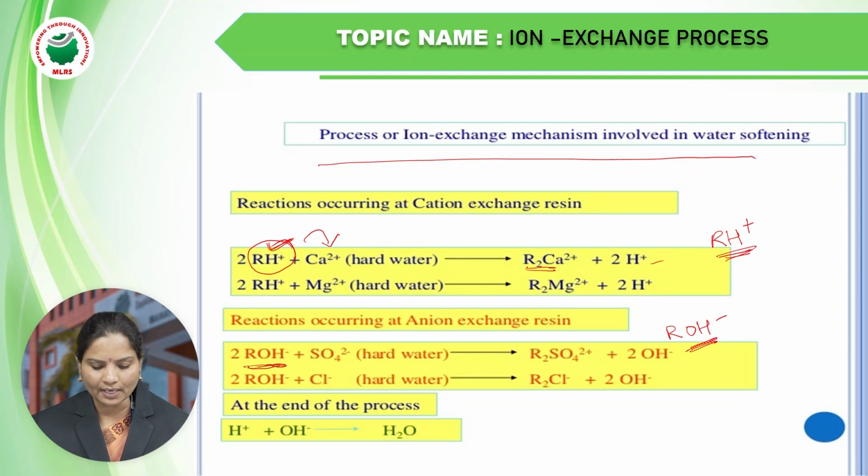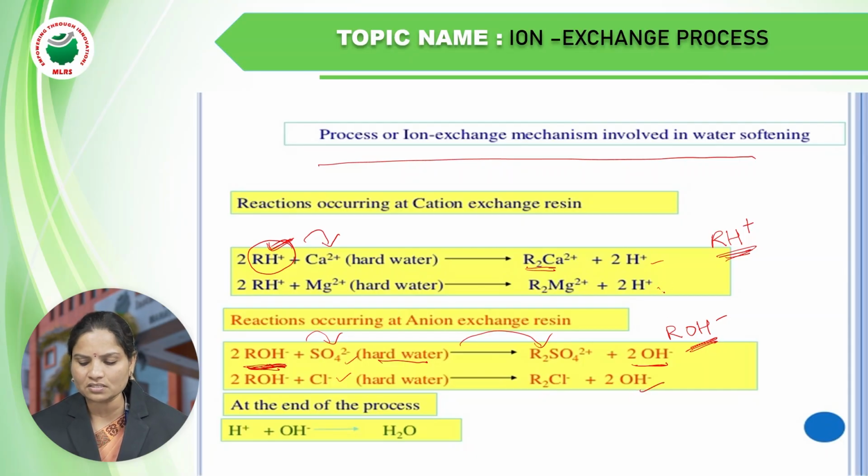This OH minus anion exchanger interacts with the anions from the hard water to produce anions bound to alkyl groups, releasing OH minus ions. If chlorides, sulfates or bicarbonates are present, the bicarbonates form the resin-bound bicarbonate, releasing OH minus ions.